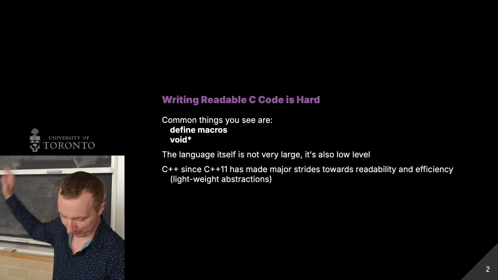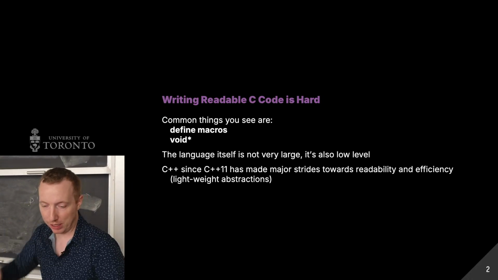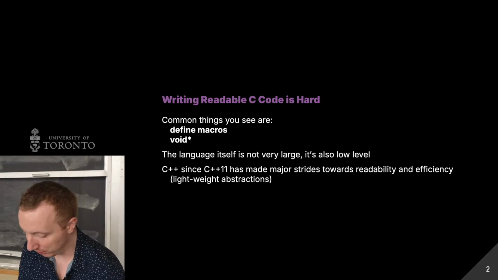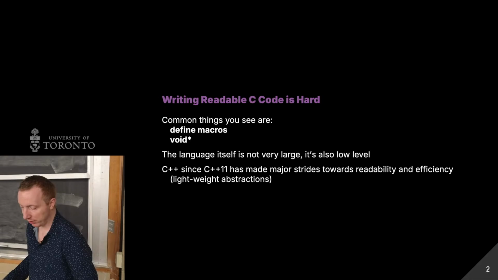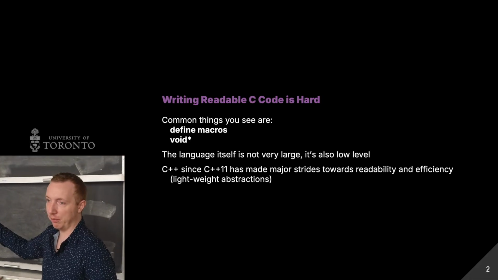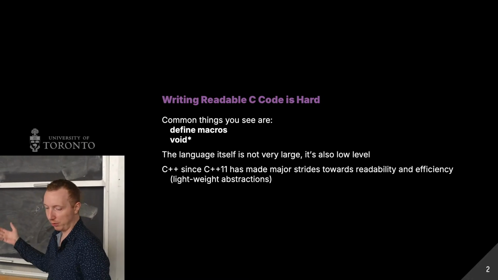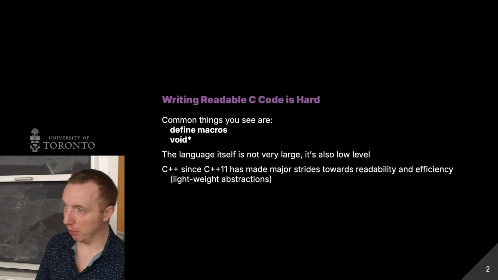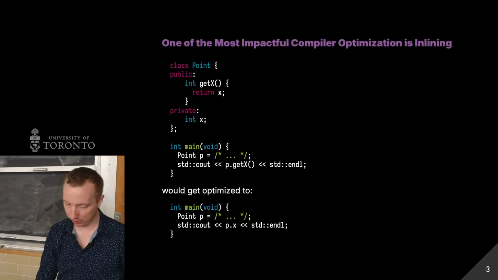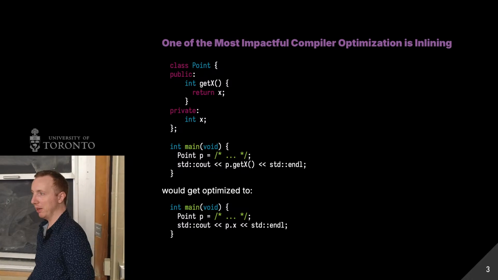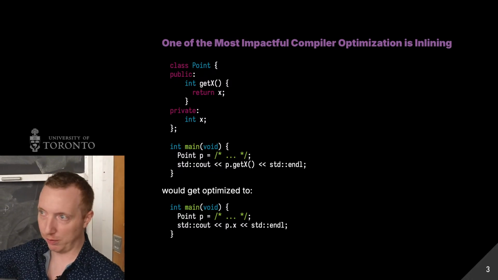But C++, since C11, has made some good strides towards readability and efficiency. Their goal is actual lightweight abstractions, and we saw that when we were trying to sort. It beat the hell out of our C sort, mostly because of one key optimization, which was inlining, that I didn't actually mention last lecture, but someone said it in lecture 1, so I just assumed everyone knew what it meant.